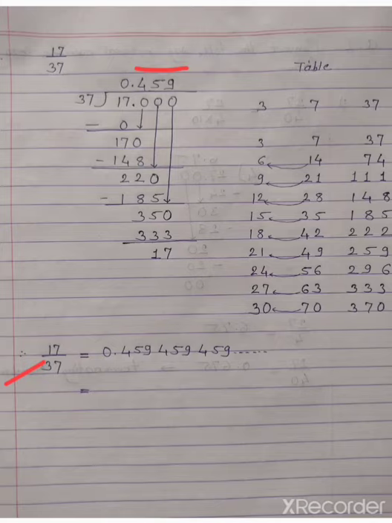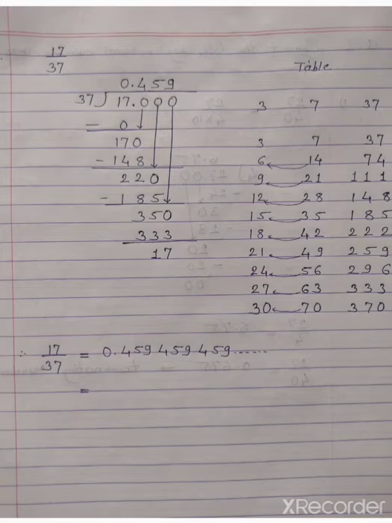17 upon 37 is equal to 0.459..., because this group of 459 will get repeated. So we can convert it into 0.459 bar.